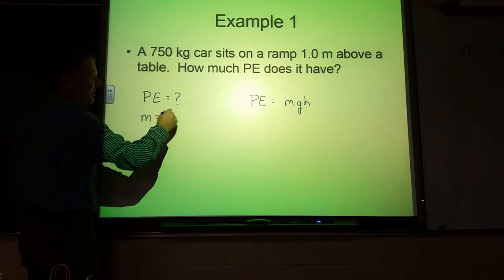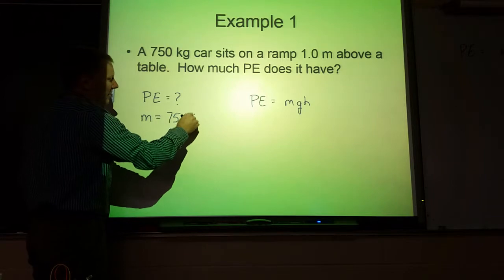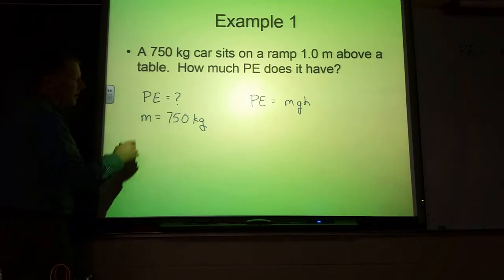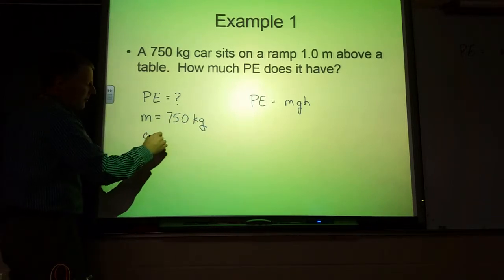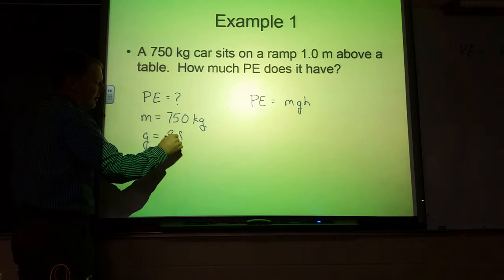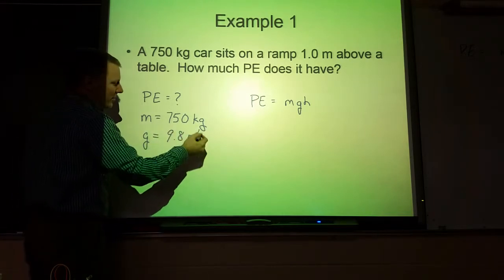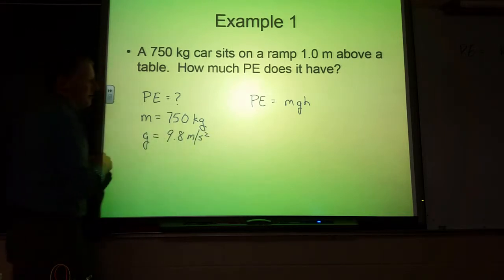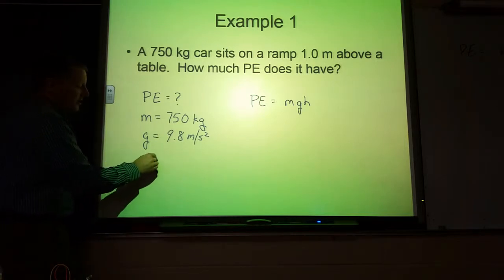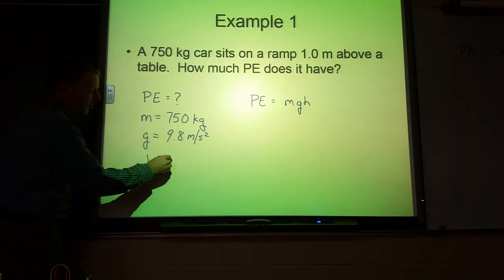Mass, that's obviously the 750 kilograms. G is always going to be our old friend, 9.8 meters per second squared. And H is the height that it's at, and this is given as 1 meter.